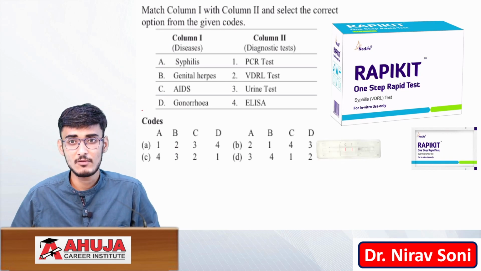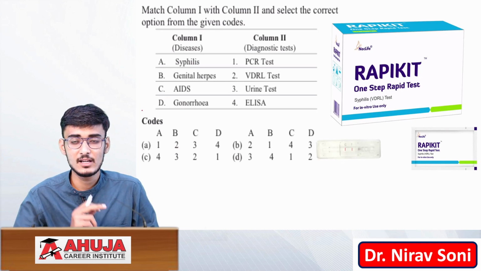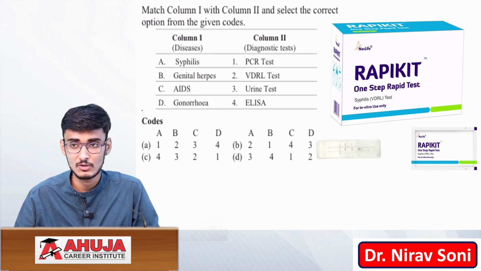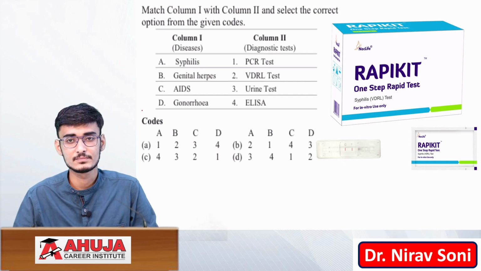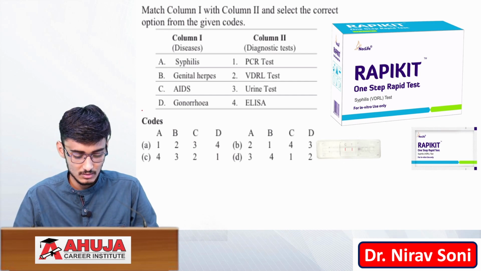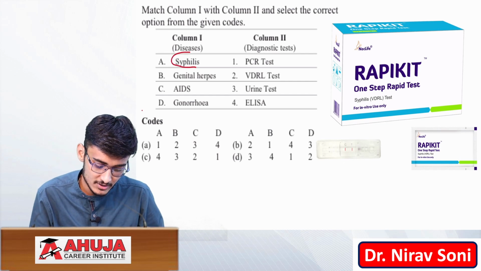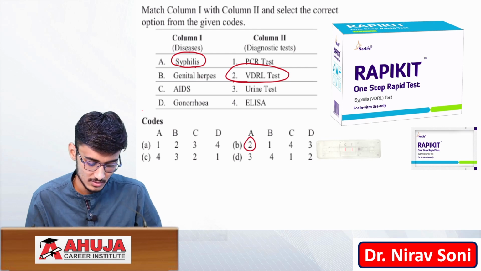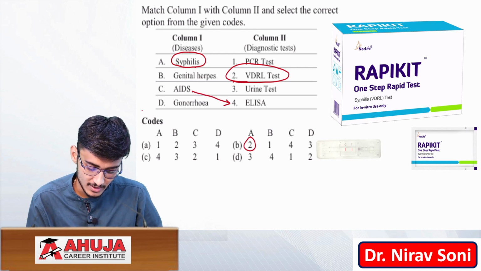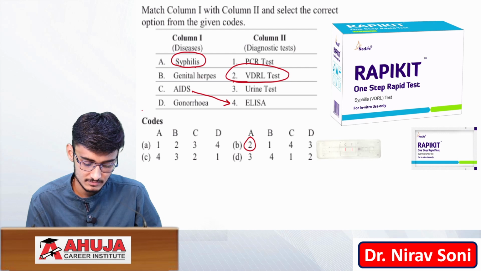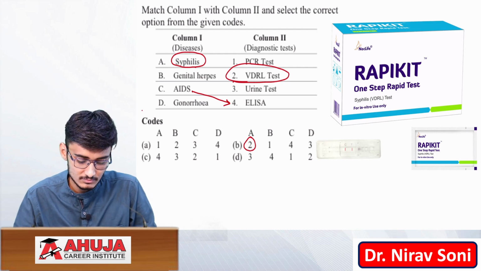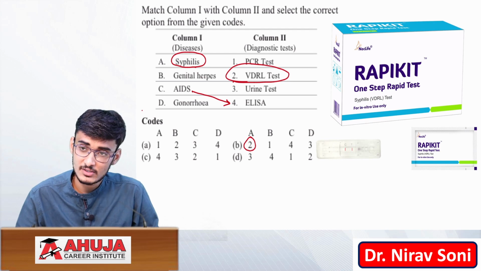Next, match column 1 and column 2 and select the correct option from the given codes. Options A, B, C, D, and find the correct option 1, 2, 3, 4. Syphilis, genital herpes, AIDS and gonorrhea. Syphilis is diagnosed with the VDRL test. AIDS is diagnosed with the ELISA test, enzyme linked immunosorbent assay. What is the full form of the VDRL test? Venereal Disease Research Laboratory.